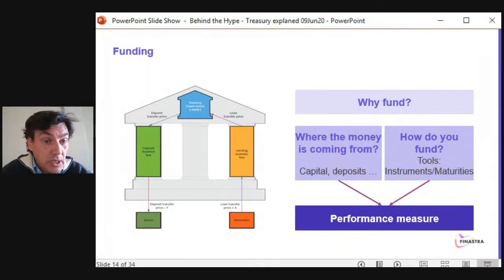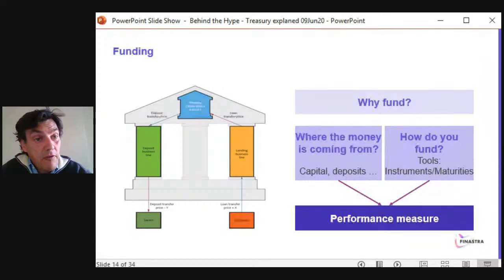So the first tool would be cash. The second tool would be securities, fixed income securities, and the third instrument would be FX. FX is a very, very efficient way to fund yourself from one currency to another currency. Imagine that you need money in dollars and you only have euros, then you need to execute an FX deal, but you want it only from one day to another, so that's going to be an FX swap, for example.